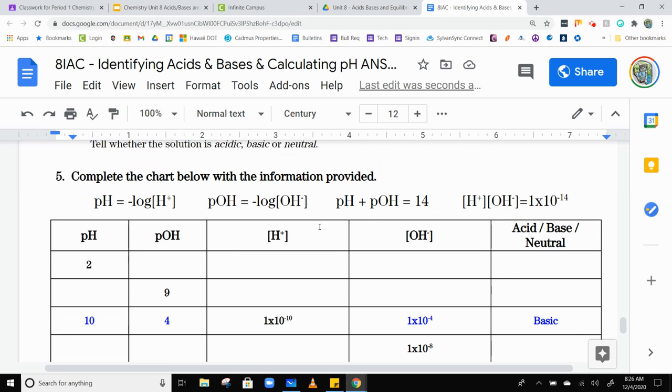So basically, you're using everything you just did before to fill this out. For example here, pOH is just 14 minus 2, so the pOH is 12. H plus concentration is just 10 to the negative pH, so it's just 10 to the negative 2. So you can just say 1 times 10 to the negative 2.